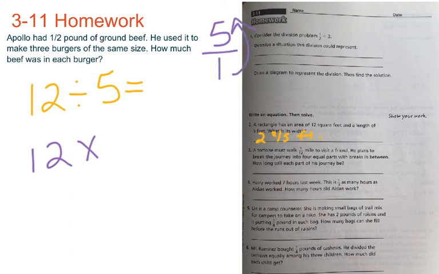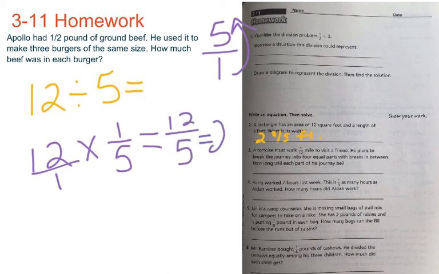Now we have to flip it, so it becomes 1/5. And 12 as a fraction, you just write it over 1. 12 times 1 is equal to 12, and 5 times 1 is equal to 5. We know that 5 can go into 12 2 times without going over. We're left with a remainder of 2, and we write that over a denominator, so 2 and 2/5. So you can get to it both ways. You can solve it using algebra or the keep, change, flip model.